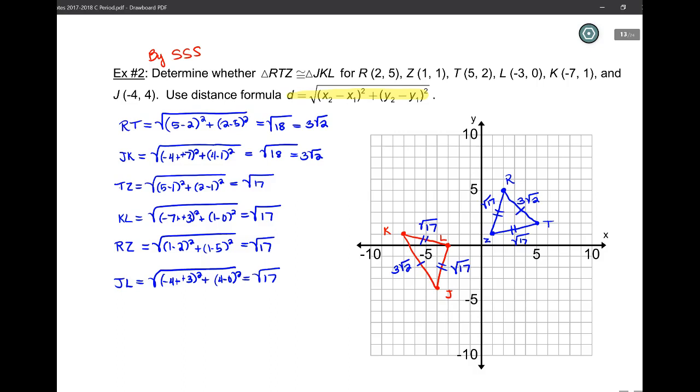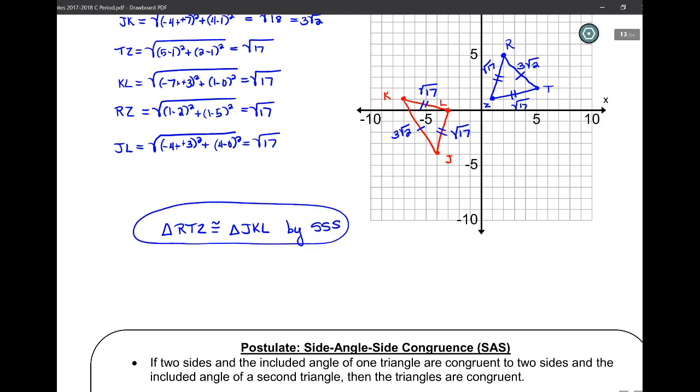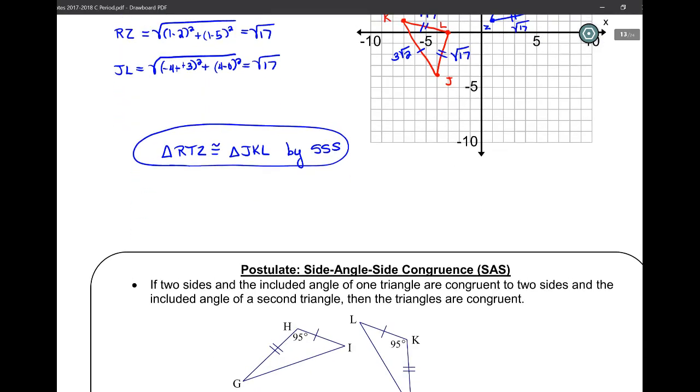So we know triangle RTZ is congruent to triangle JKL, and just to show our reason is by side, side, side. We showed the 3 corresponding sides are congruent to each other.